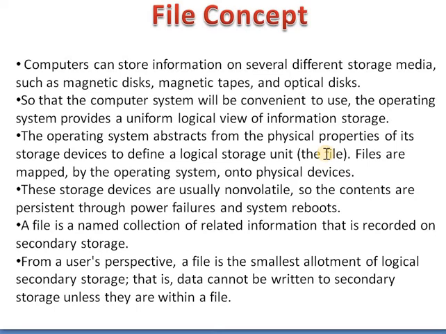A file is nothing but a collection of data. Consider an example: suppose you are creating a file called student record for storing the details of each and every student in your class. That student Word file is one of the files, which stores the details of all the students. In an operating system, files are mapped by the operating system onto physical devices.